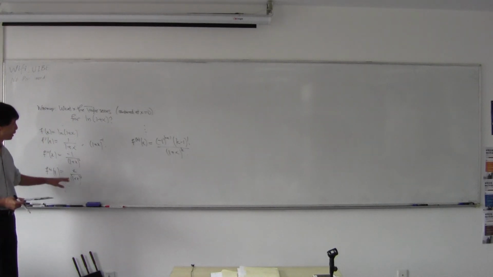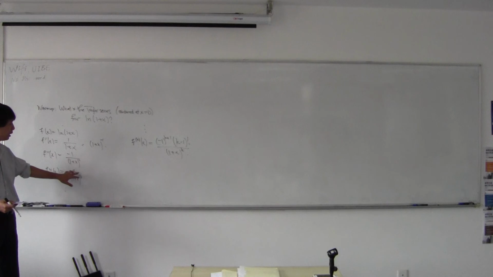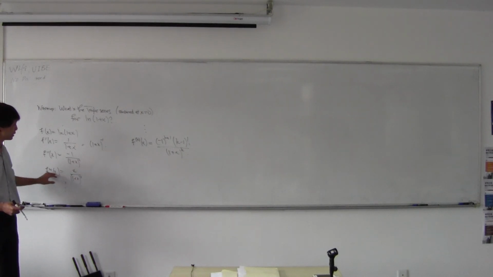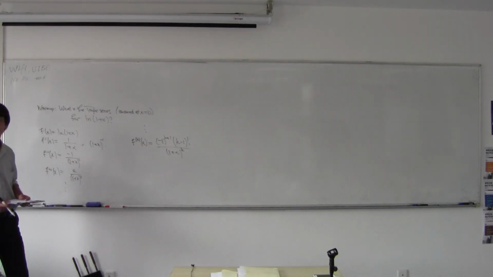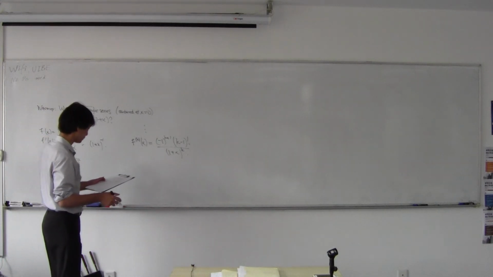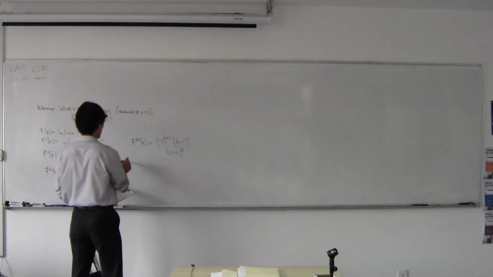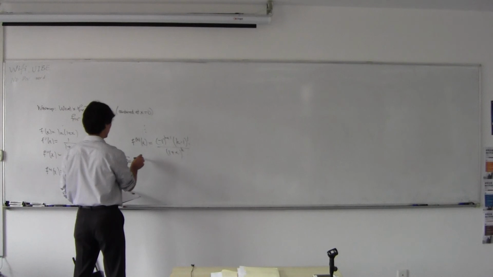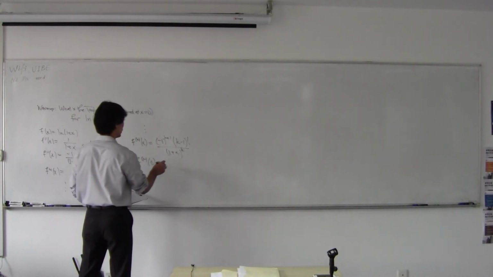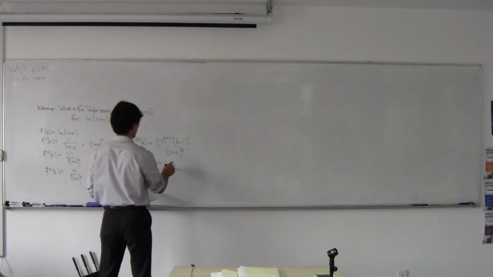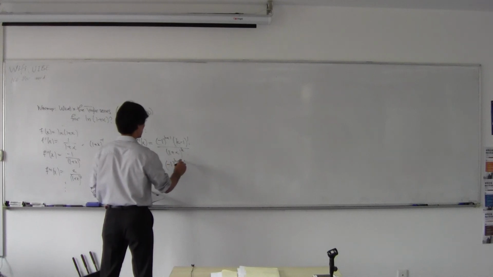You keep on doing it, you see what happens, right? You get k minus 1 factorial on the top, you get this negative 1 to some power, and you have the 1 plus x to the k. So, if you evaluate that at 0, you're going to get negative 1 to the k plus 1 times k minus 1 factorial.